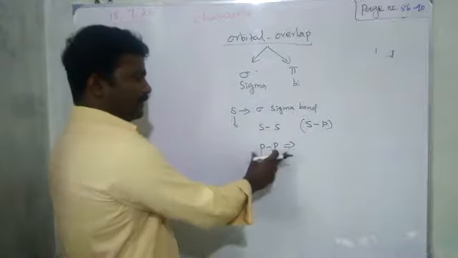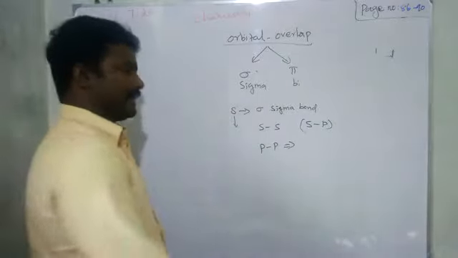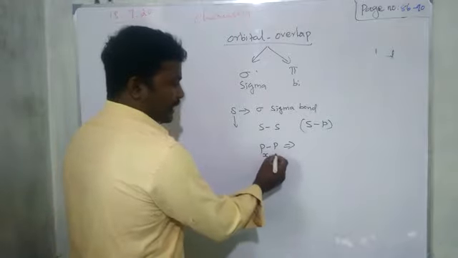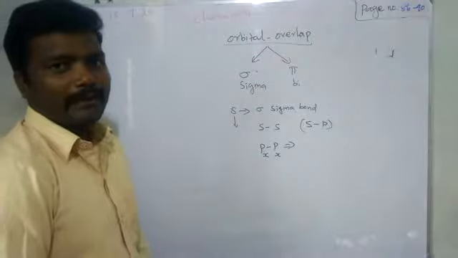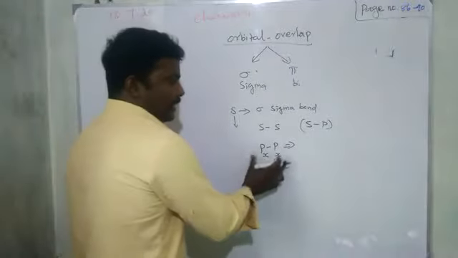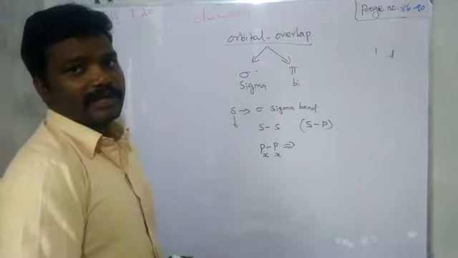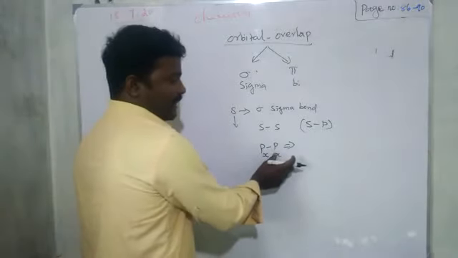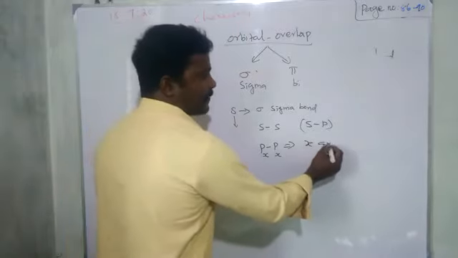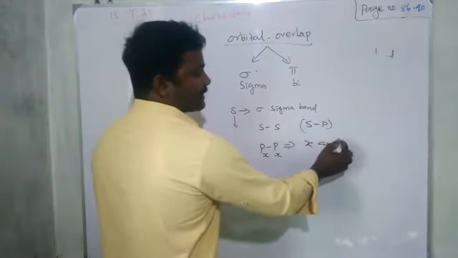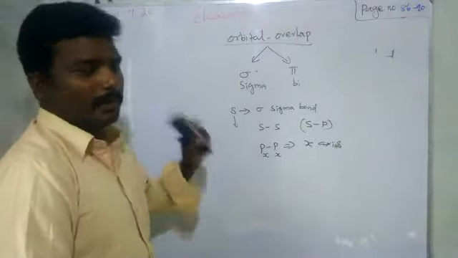Okay, right? Then will pp overlap take place or not? Yes. For example, when px orbitals undergo the overlap, what will happen? It also takes place in the same direction. The px undergoing the overlap in the x-axis, means in the same axis, will produce sigma bond.